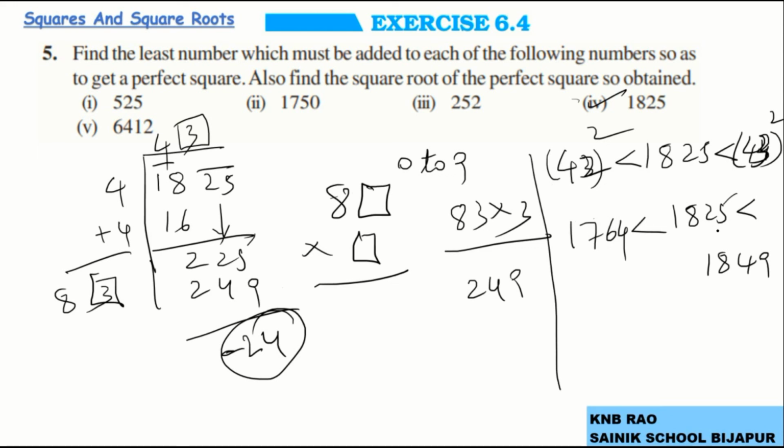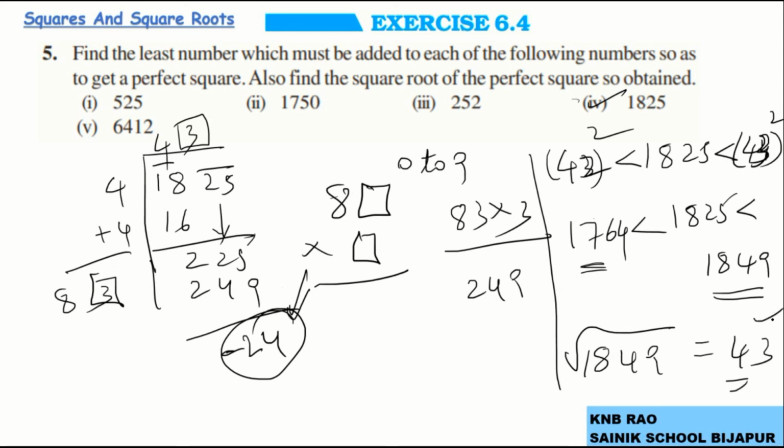What to be added will be given by this number, what to be subtracted will be given by this number. So the number what is to be added is 24, and the perfect square number generated is 1849, which is square of 43. So we can do like this.